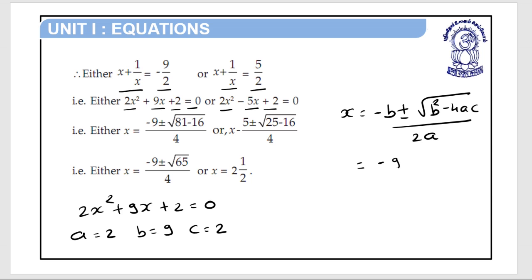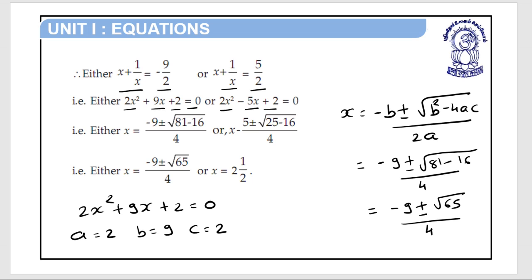Minus b, so minus 9 plus or minus under root of b square 81 minus 4ac, 4 times 2 times 2 is 16, upon 4. So minus 9 plus or minus under root of 65 upon 4.